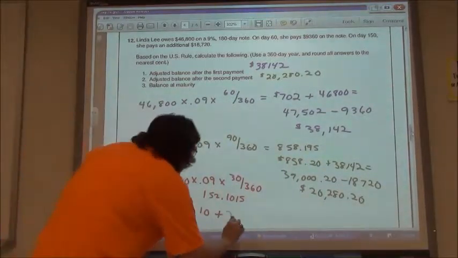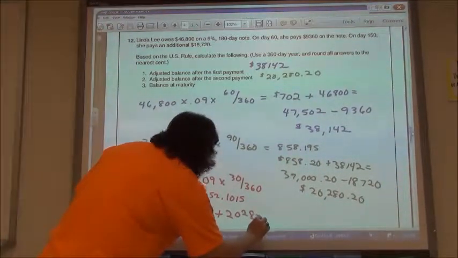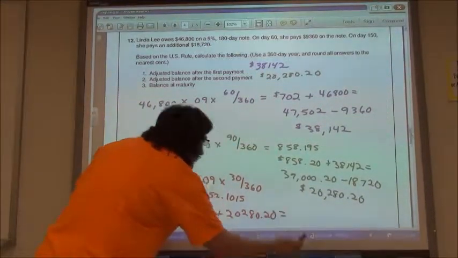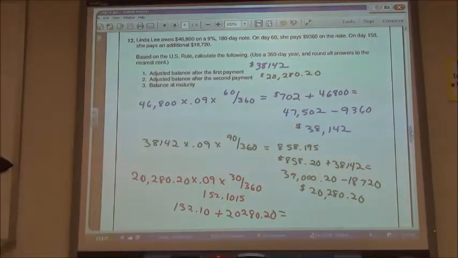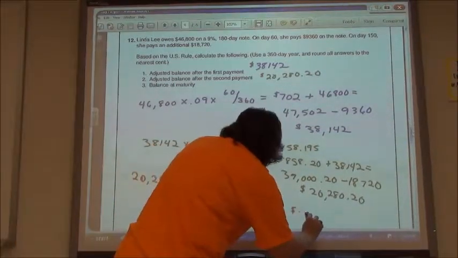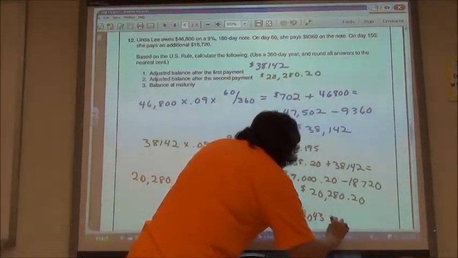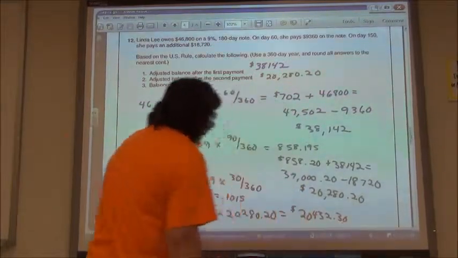I have to add that to the amount that I still owed, $20,280.20. So my final payment, $20,280.20 plus $152.10 in interest, $20,432.30.